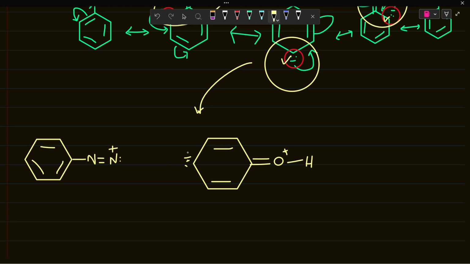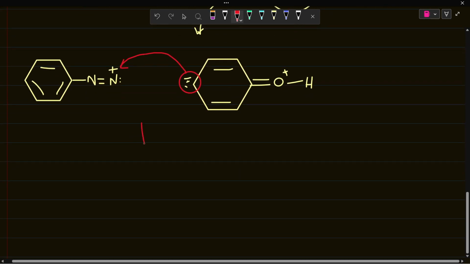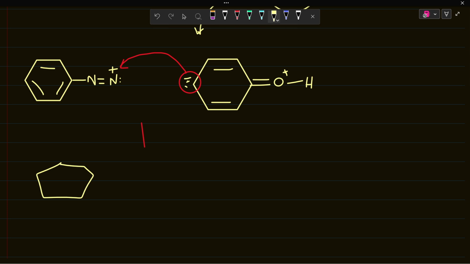So what happens is that this nucleophile, let me mark it with this electron pair, will be attacking here. We'll be getting something like this. Let me draw it. So an azo compound is almost ready now. Just have to do the resonance, and the job will be done.